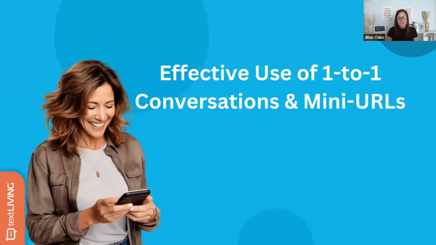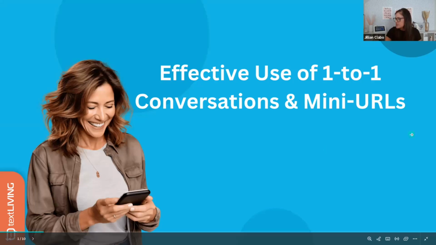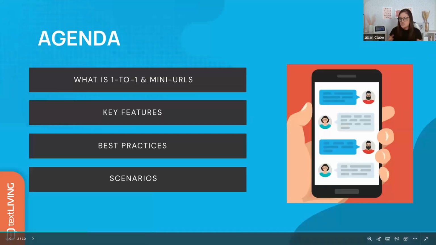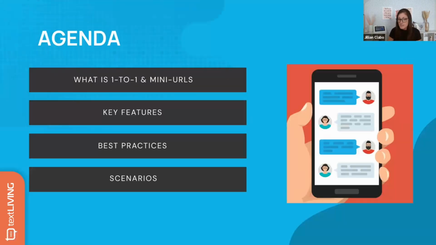So I'm going to go ahead and share my screen. Today I'm going to be going over effective uses for the one-to-one conversations tool and mini URLs. So we'll talk through some different things on that. Just to state the agenda, I'll go through what is a one-to-one conversation as well as what is a mini URL, which I'm sure most all of you know at this point.